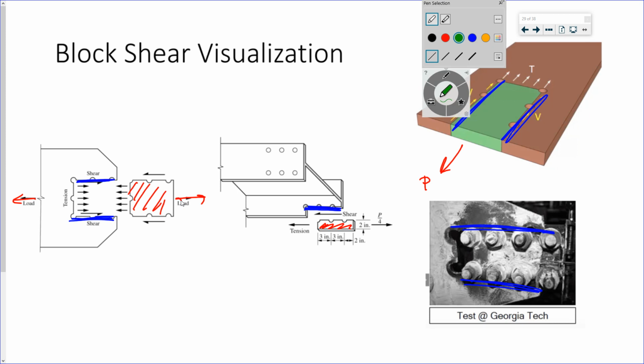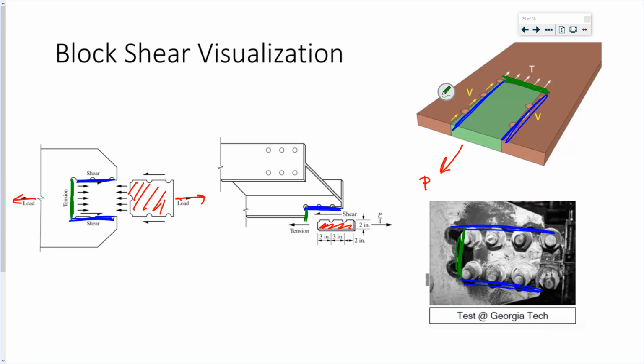And we have tension, perpendicular to the load, on this plane, that plane, and that plane. So those are my failure planes, at least one shear and at least one tension. Generally, it's more likely to have two shears and one tension than two tensions and one shear. I don't know what that would be. So that's some visualization.